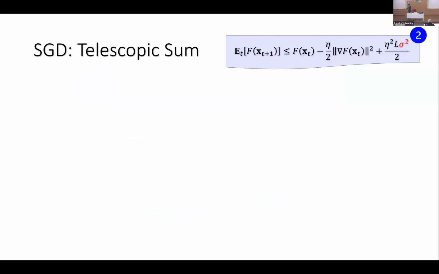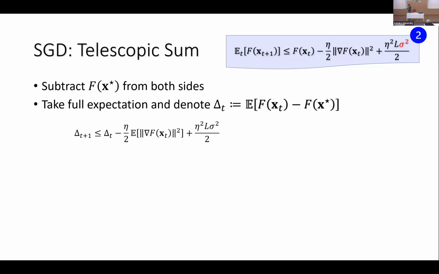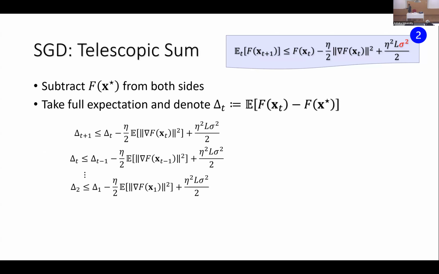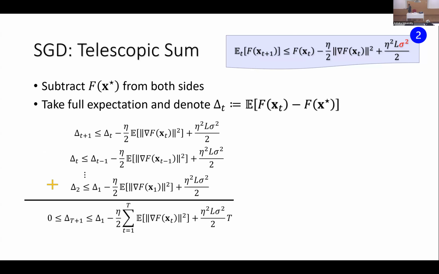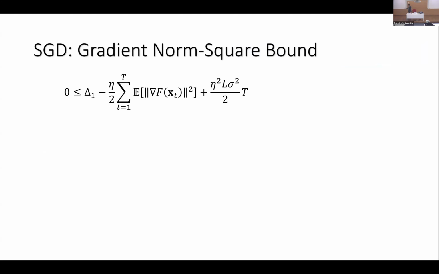Then we do the telescopic sum like earlier. Subtract f(x*) from both sides and write it in this way. And this will give us the average. If I rearrange, I'll get this: the average of the expectation of the gradient norm squared is less than or equal to 2 quantities.